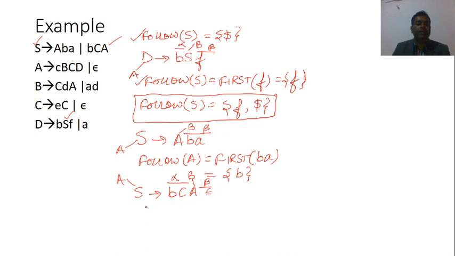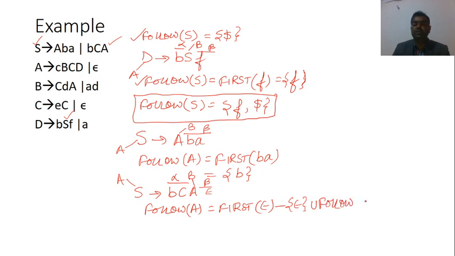Now I can write follow of A equal to first of beta, and first of beta means empty. First of empty is empty, so it contains empty, so it will be set difference empty union follow of A. And what is our A?